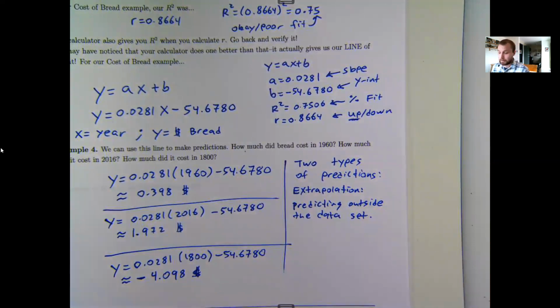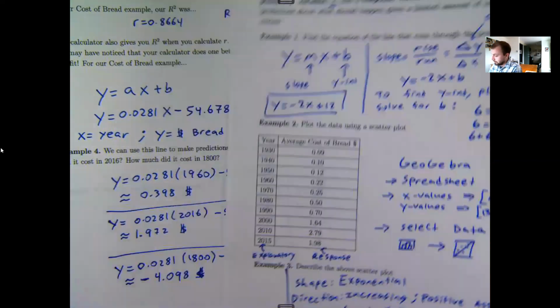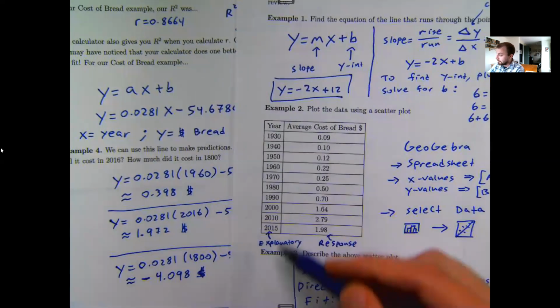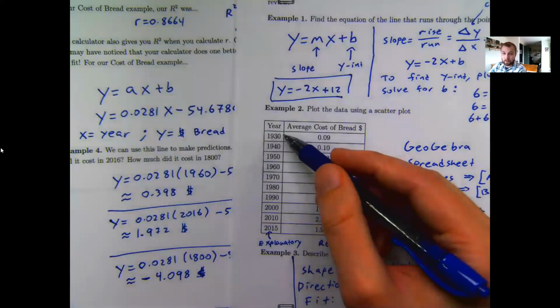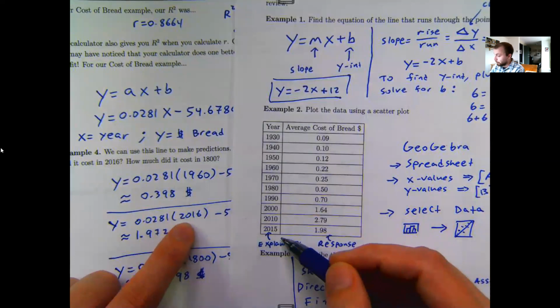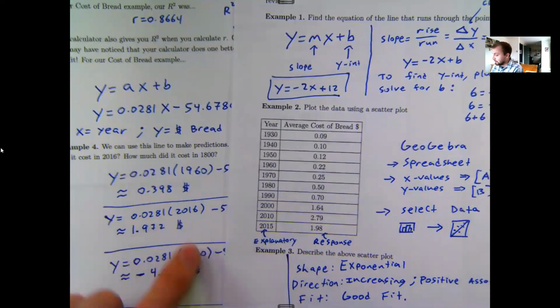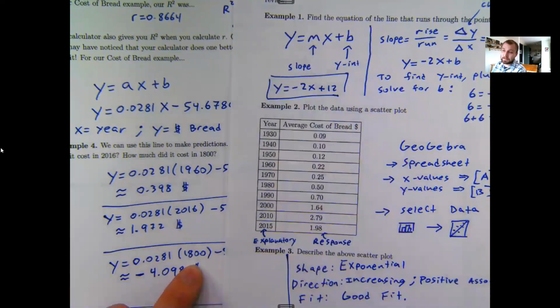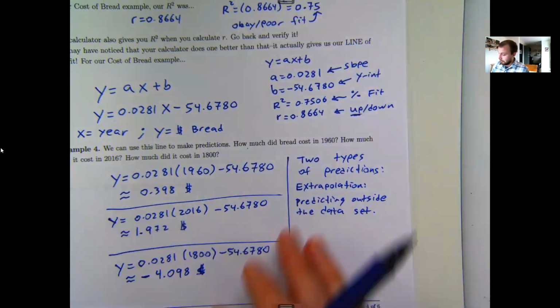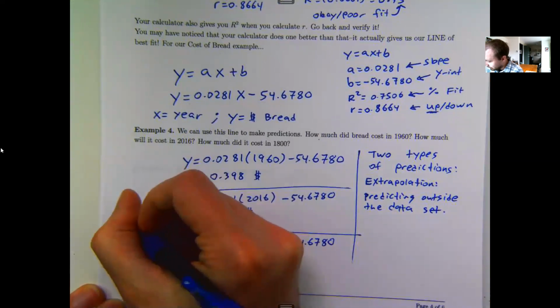Extra means outside. So looking at my years, 1960 falls between 1930, the lowest and the highest. 2016 is not part of this data set, so this is outside. 1800 for sure is not inside of my data set. So these last two things down here are extrapolation.